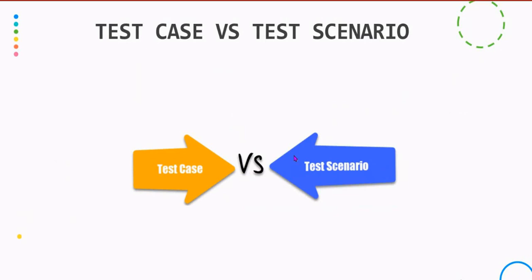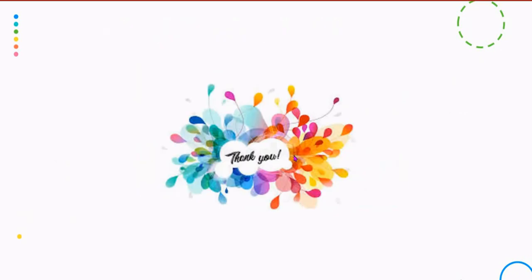A test scenario provides a small description of what the software needs to be tested on and performed based on the use cases. So basically, a test scenario is something that gives a small description about the test cases which are under it. So this is the difference between test cases and test scenarios. Thank you so much.